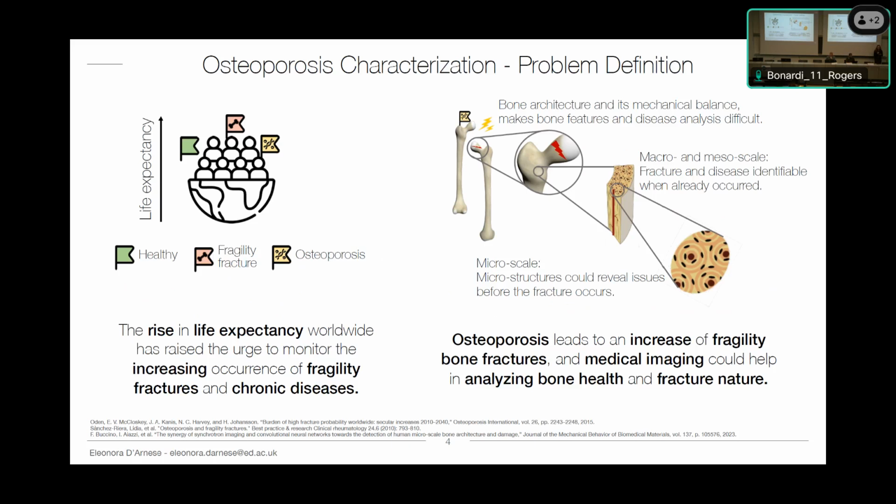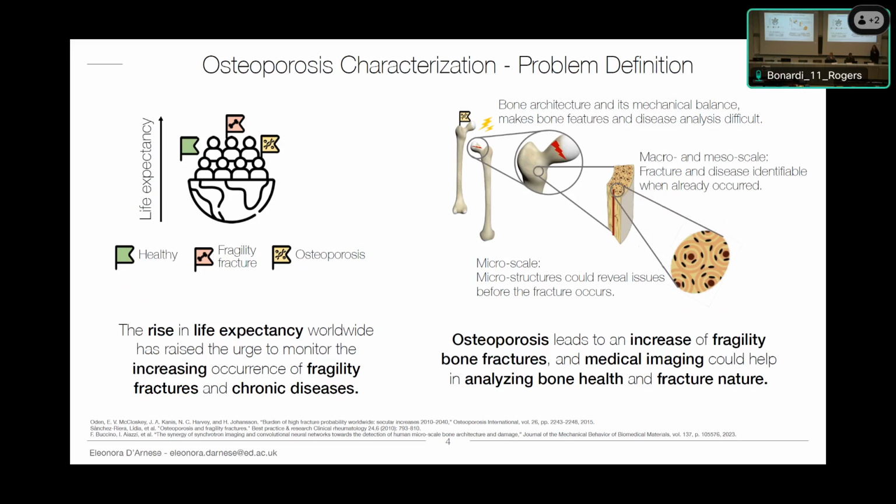But then it's kind of too late. It's already occurred, and we just have to put a cast on or do a surgery if it's not a nice fracture. But what we want to do is understand where and why the fracture has occurred if it's not an accident, and so in that sense prevent it.